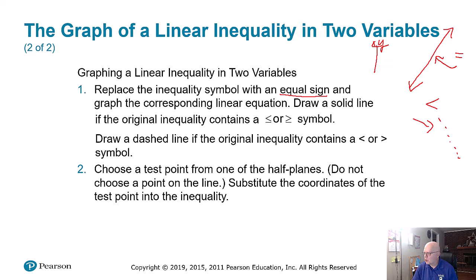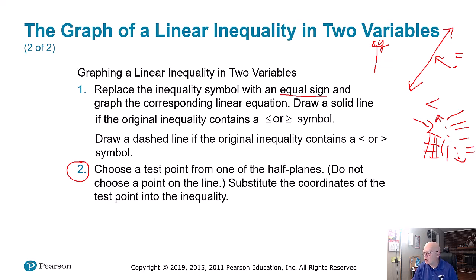Next, and you're wondering, okay, which side do I shade in? Do I take that colored pencil, for example, and shade in this side, or do I shade in the other side like this? Which way? Well, this is real easy. Pick one of those half sides called half planes.